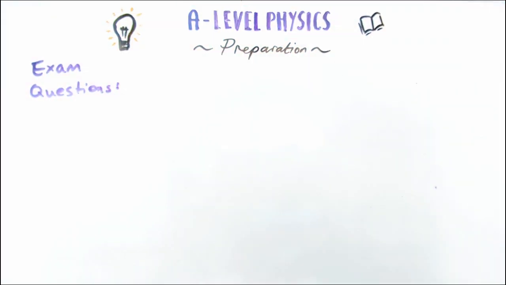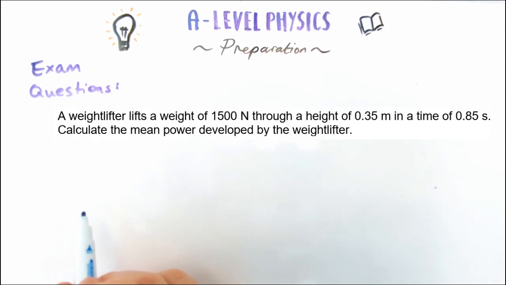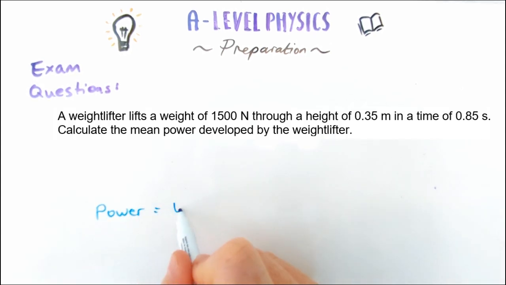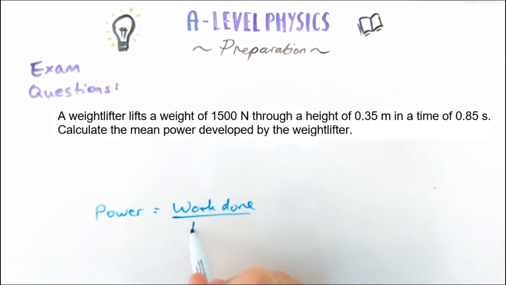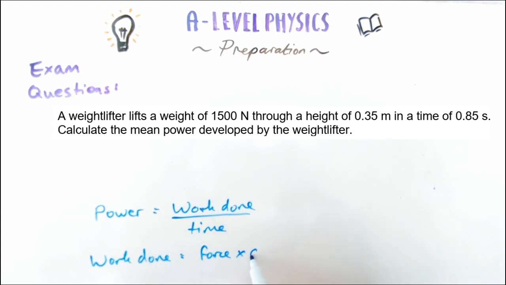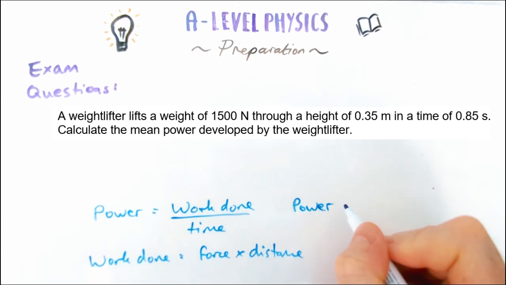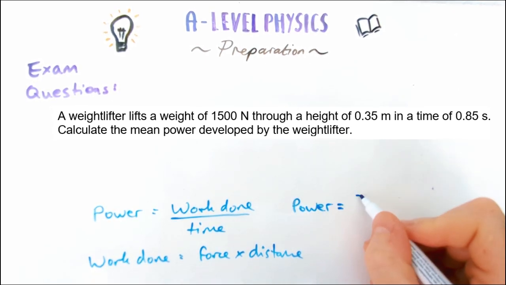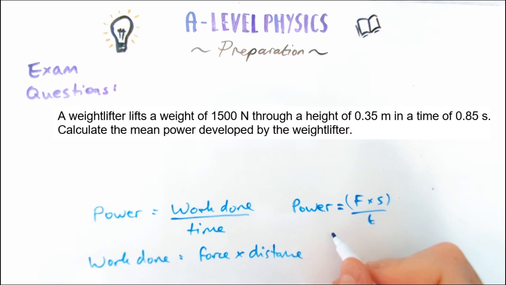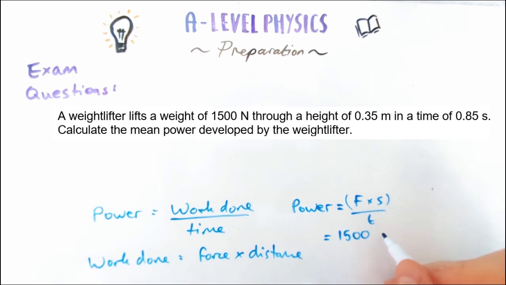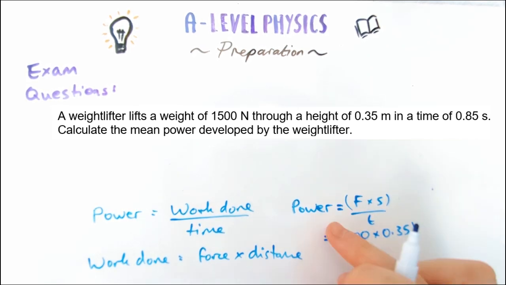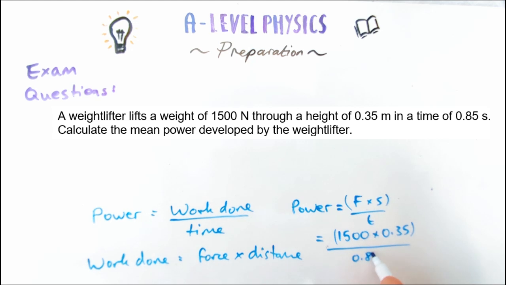Now, if you were to take a slightly trickier example, like in an exam question such as this one, we're not worrying too much about the equations here. We are trying to calculate power. We can work out work done and then divide that by time. So work done is going to equal force multiplied by distance, and then we divide that by the time to find the power overall. So let's do the calculation first, then we can talk about significant figures. The force is equal to 1,500, the distance equals 0.35, and the time is 0.85 seconds.